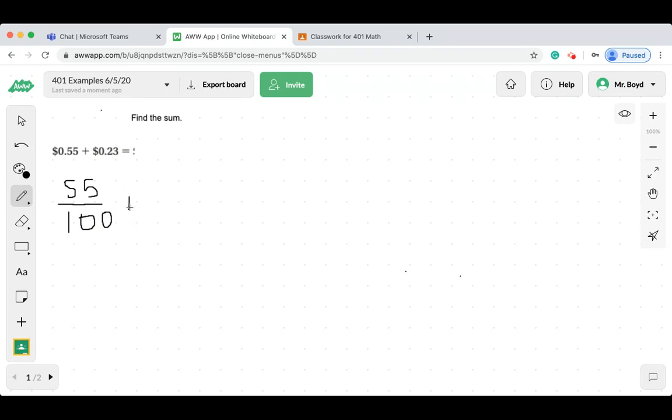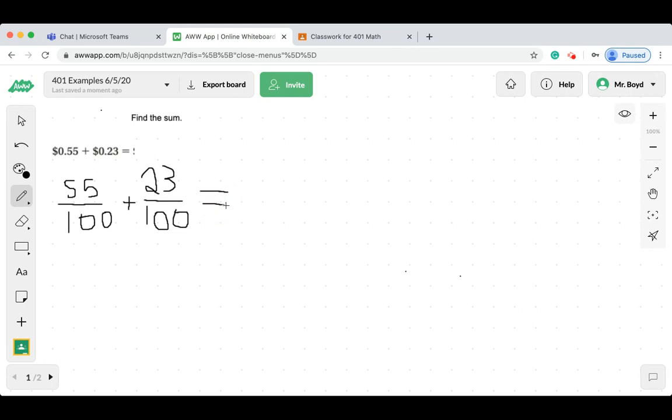Now I'm going to be adding that to 23 hundredths. Now again, remember the way that we write our decimals as a fraction is we take our number and it becomes our numerator and our denominator is the place value it is in. So because both numbers are in the hundredths place value, it will be 55 hundredths plus 23 hundredths. Then I can simply add across.